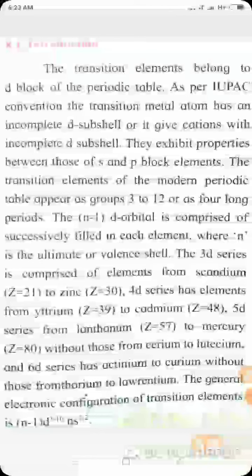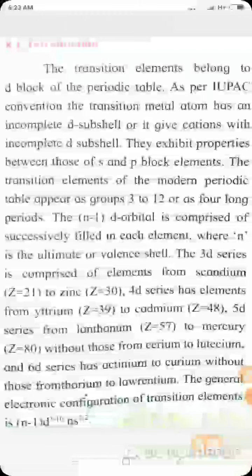Then the 5d series is from lanthanum, having atomic number 57, to mercury having atomic number 80, without those from cerium to lutetium, because cerium to lutetium are included in the F block, which is placed at the bottom of the periodic table.